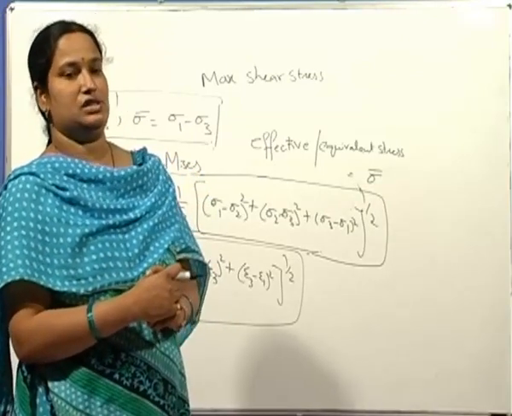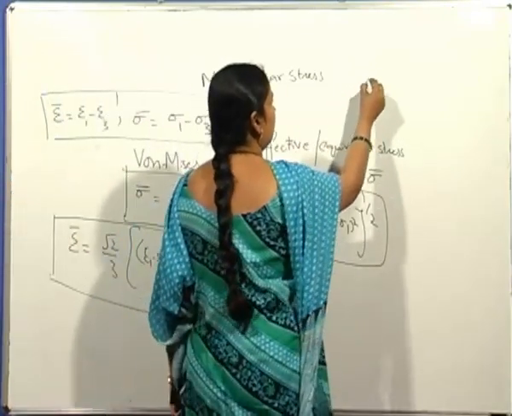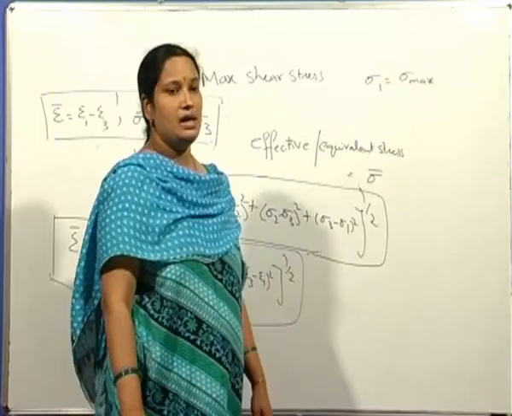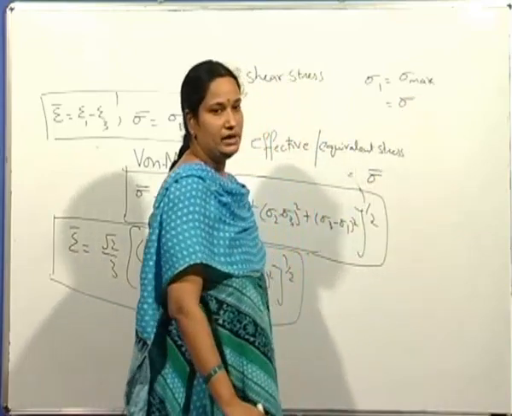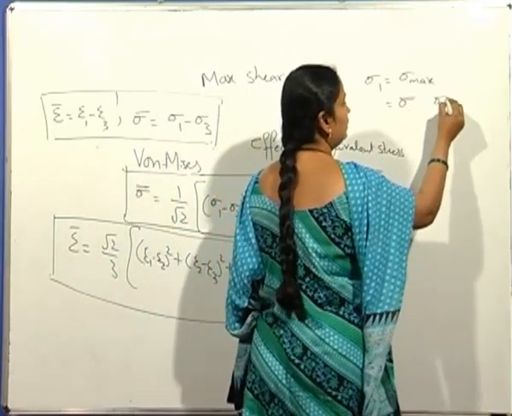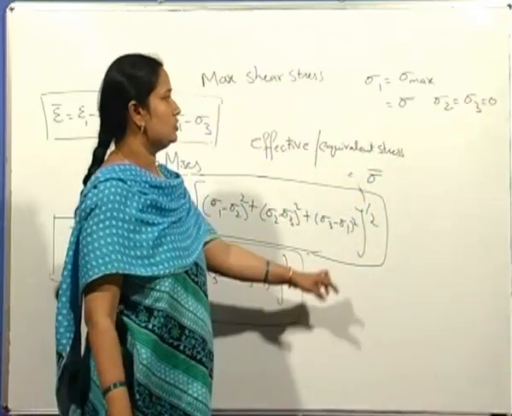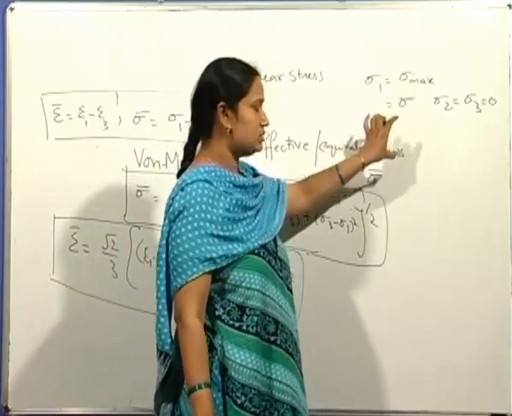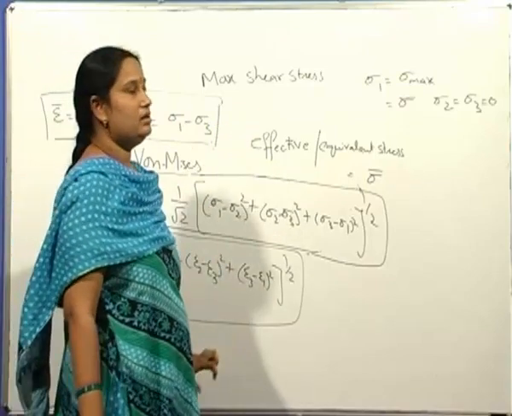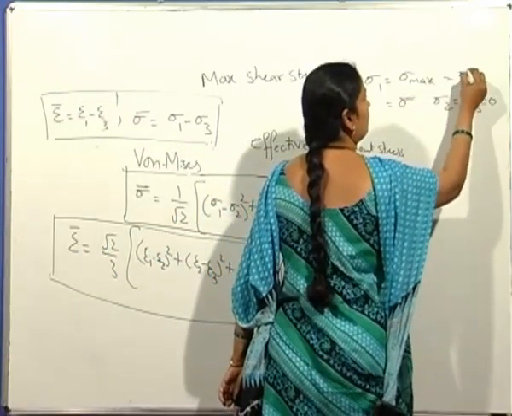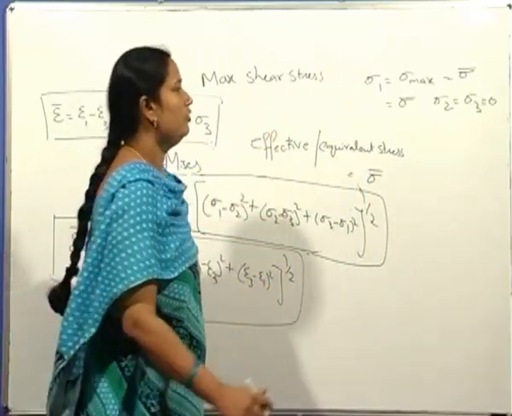The state of stress for the case of tension is uniaxial, where sigma 1 is the principal stress, and this is also the effective or equivalent stress, because the stresses in the other two directions, sigma 2 and sigma 3, are 0. So substituting these values into the von Mises criteria, we have sigma 1 equal to the equivalent stress.